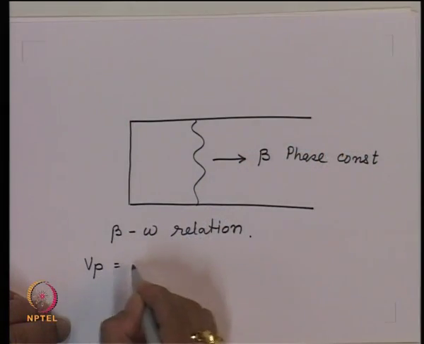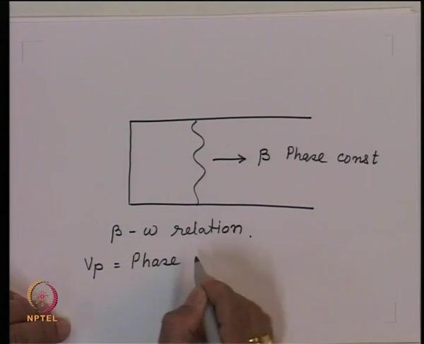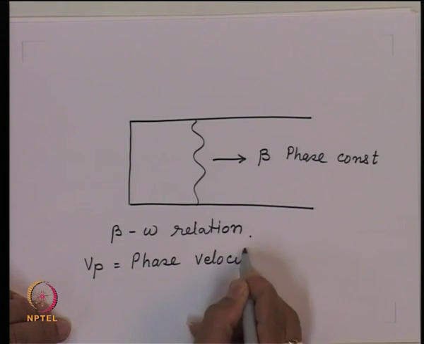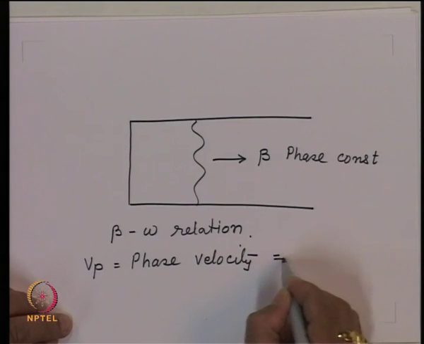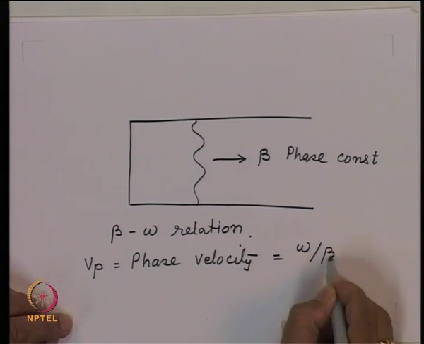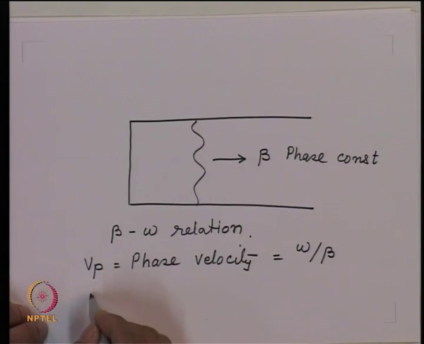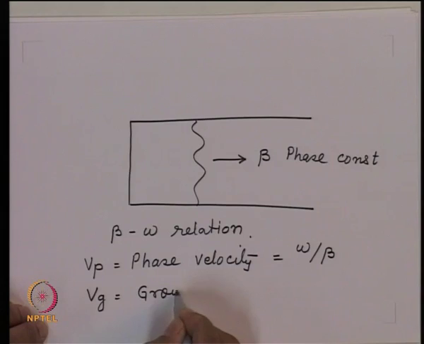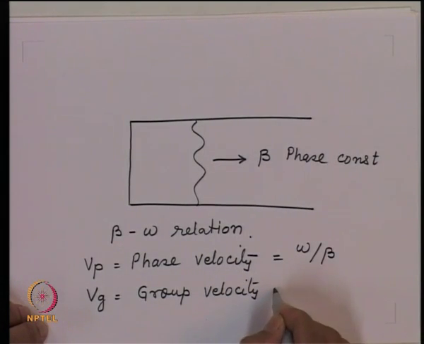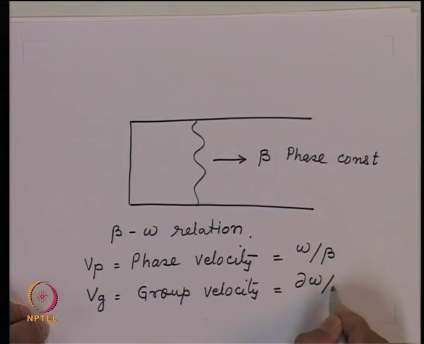And then as we know, for a wave there are two velocities, one is called the phase velocity, the other one is called the group velocity. So, we have Vp which is phase velocity, which is omega by beta, and we have Vg which is group velocity, which is d omega by d beta.